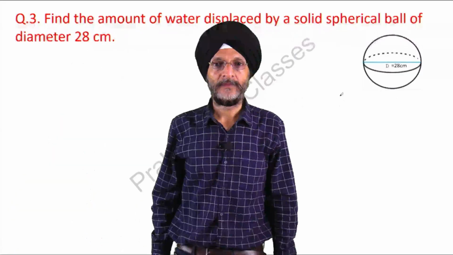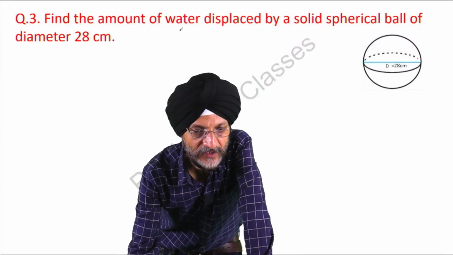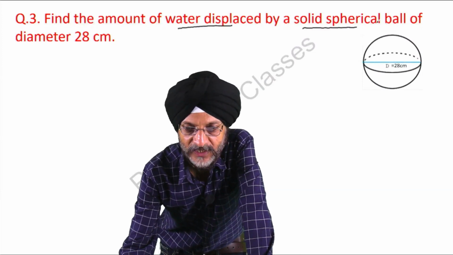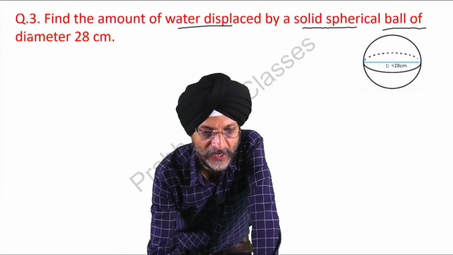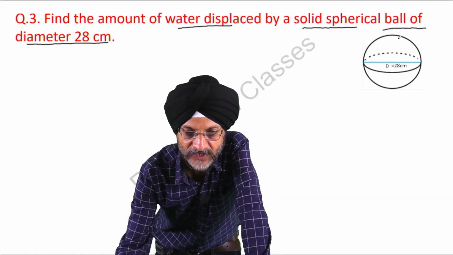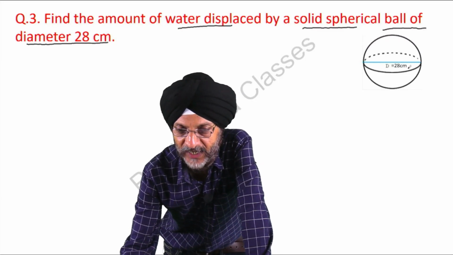Now the question before us is, find the amount of water displaced by a solid spherical ball of diameter 28 centimeter. You can see here that this is a spherical ball and it has diameter of 28 centimeter.